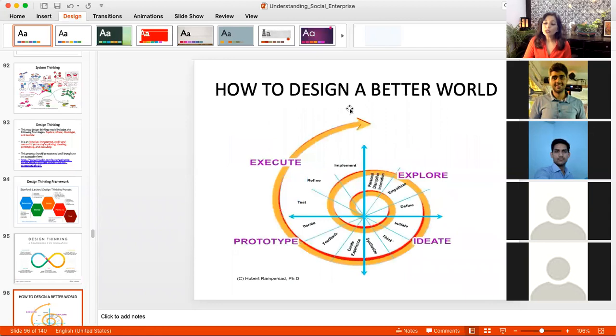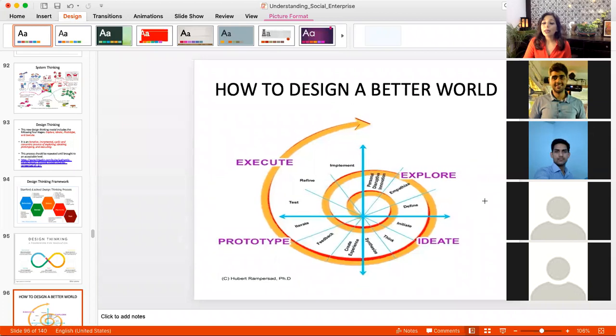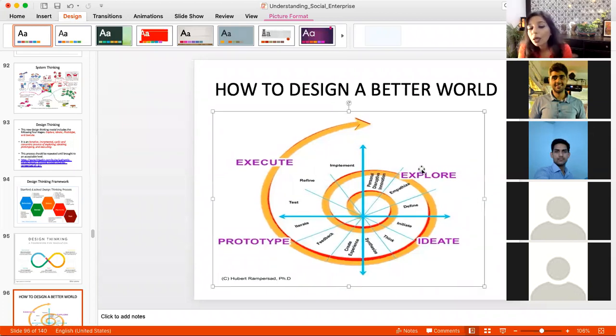And then how to design a better world is again coming from the same space. We are talking about it in a more elaborate manner, where what can exploration mean? You begin with exploring, you begin with ideating, you talk about prototyping and then executing.